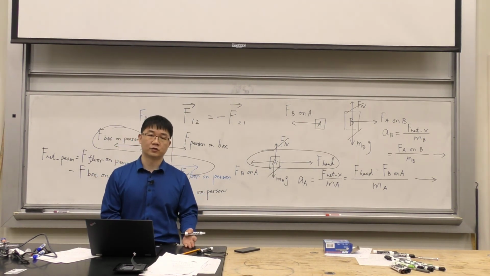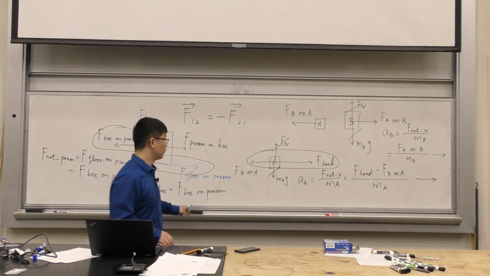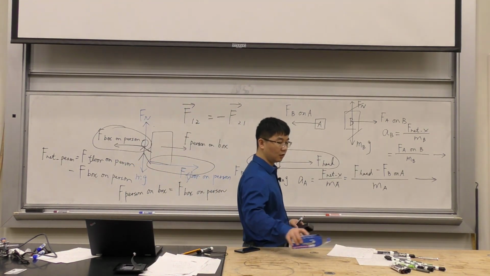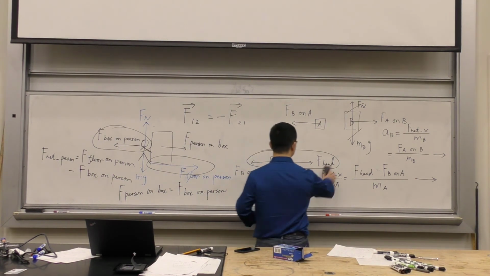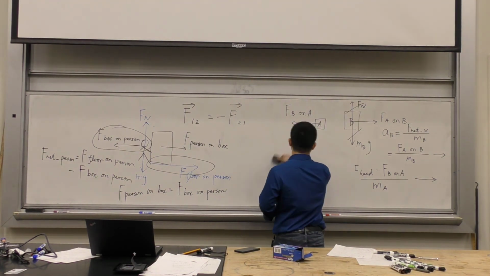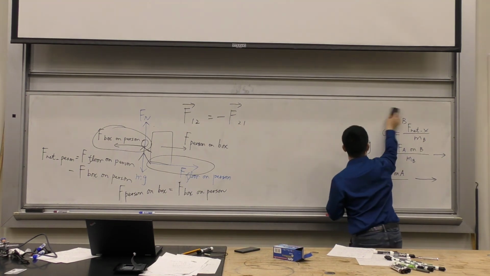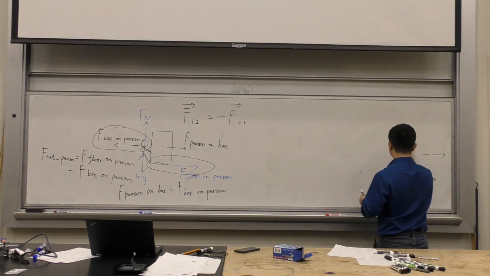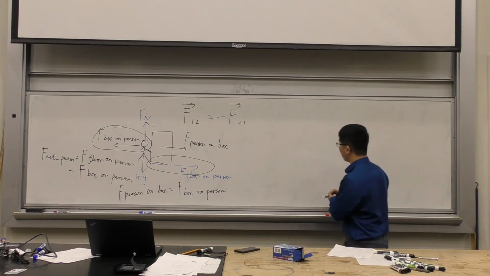What are balance forces? For example, if I place anything on this surface, I want you to draw the free body diagram of this object. I would just do this, right?